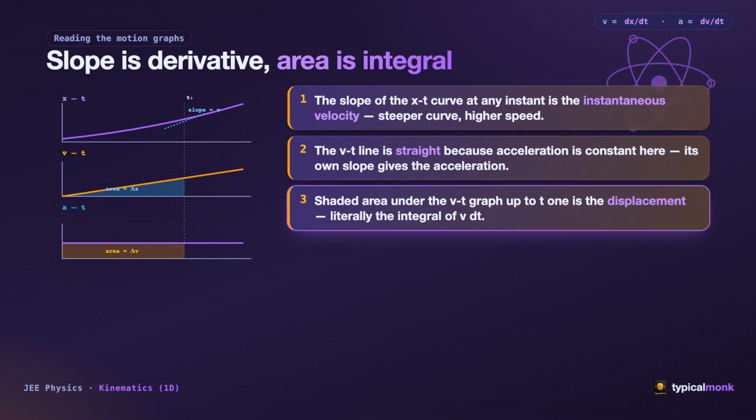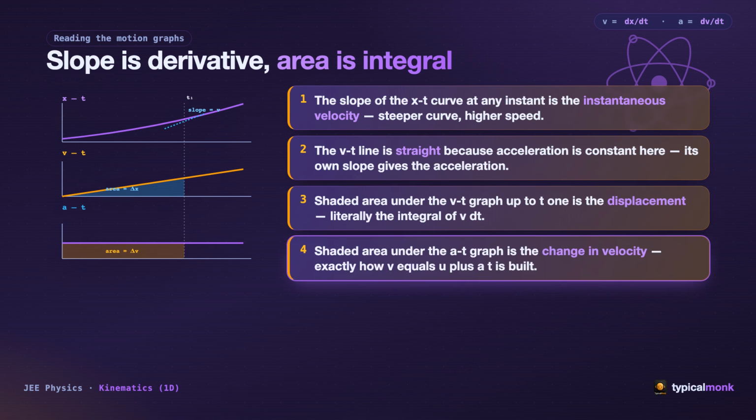The shaded region under the velocity time graph up to any instant is the displacement up to that instant, literally the integral of velocity over time. And the shaded region under the acceleration time graph is the change in velocity, the integral of acceleration over time. Slope steps you down from position to velocity to acceleration, area climbs you back up.